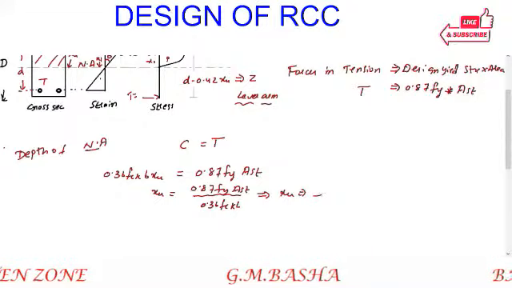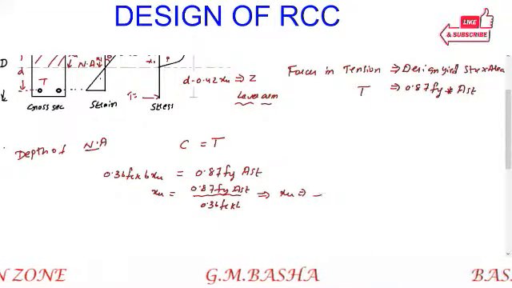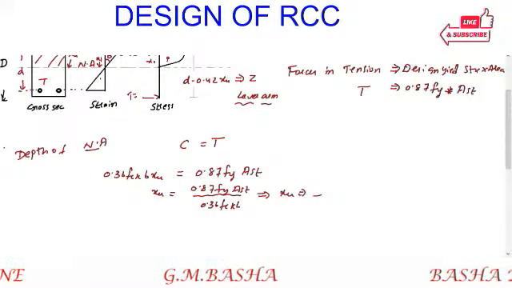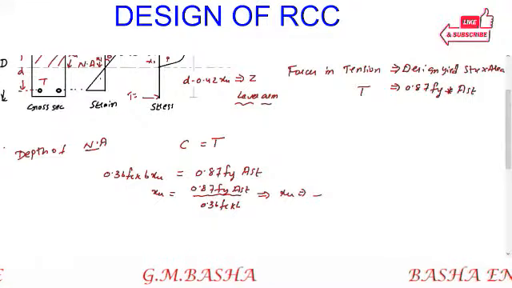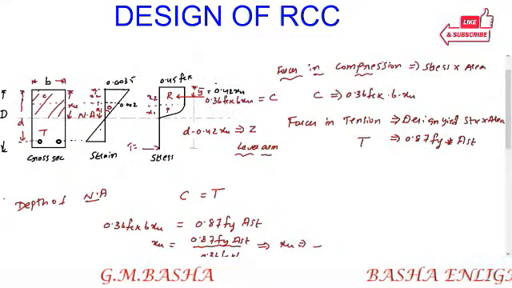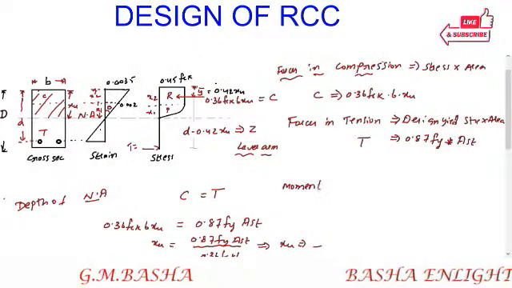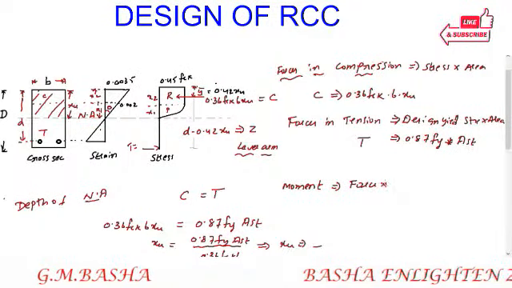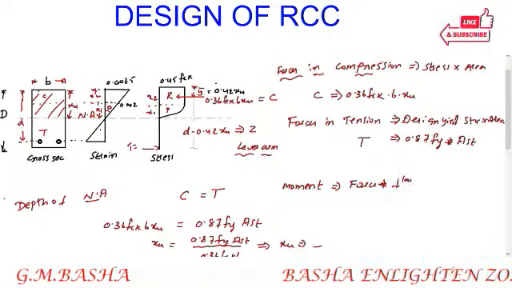Finally, based on this, we have to find the moment also. That is the last point in our session, which is moment. Already we know moment is force into its perpendicular distance.